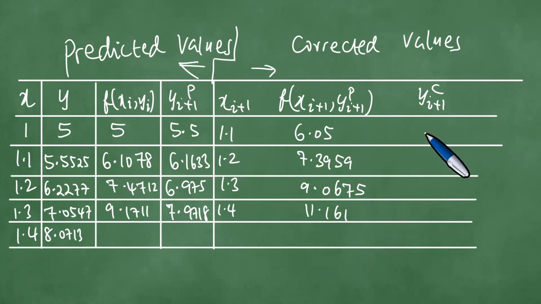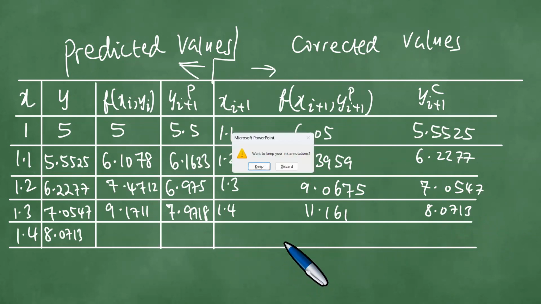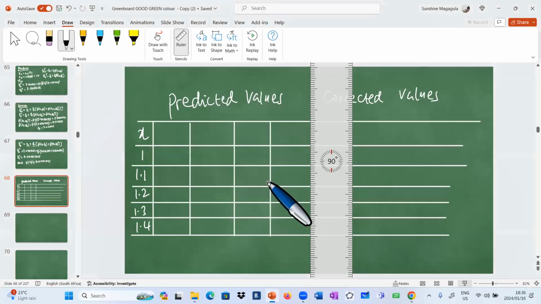Okay, all these values were obtained before. And 5.5525, 6.2277, 7.05547, and this one is 8.0713. Okay, so these are the corrected values and the predicted values.